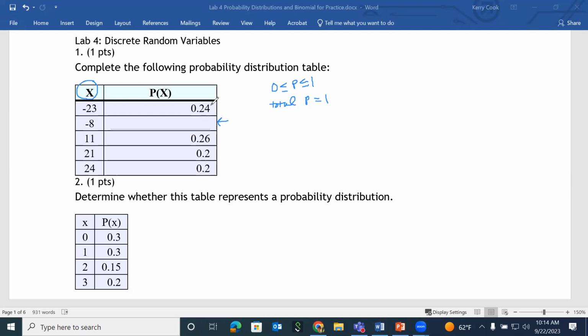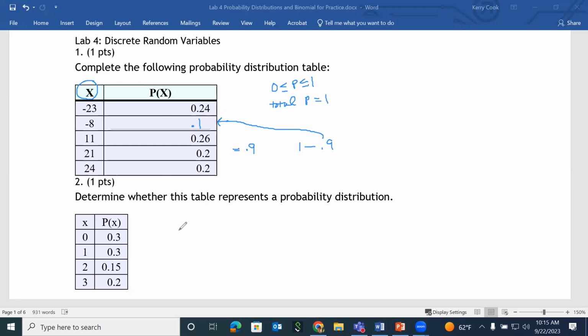So we can add all the existing probabilities together, and they add up to a total so far of 0.9, or 90% is covered. So what's left? 1 minus 0.9 would be the missing item, or 0.1. So we have a probability for -8 of 0.1.